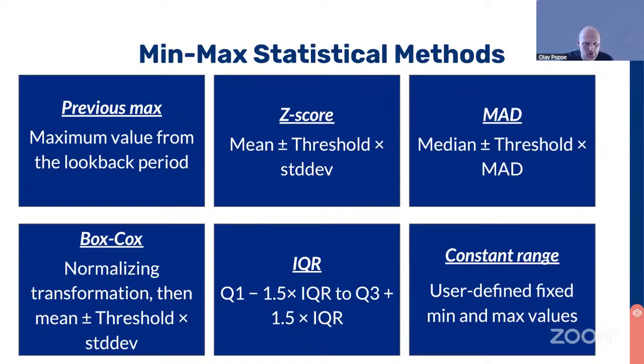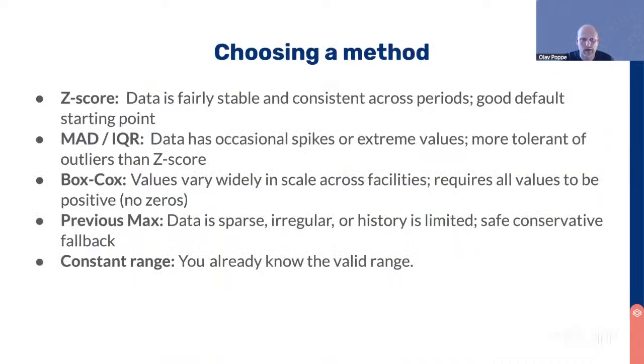You can do this Box-Cox normalization. You can use interquartile ranges. You can set up just very basic thresholds based on the average of the previous or previous maximum values. You can set up constant min-max values if that makes sense, etc. And each of these then have some pros and cons and some assumptions about what sort of data they're suitable for.